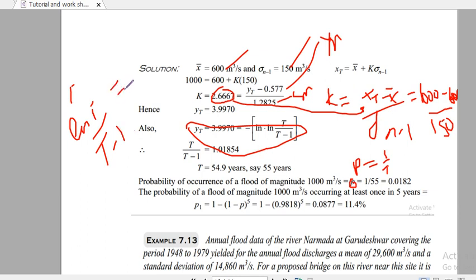It is equal to e to the power of yt, by using the rules of natural logarithm, the anti-logarithm. And also there is the ln value. This is already e to the power of what?